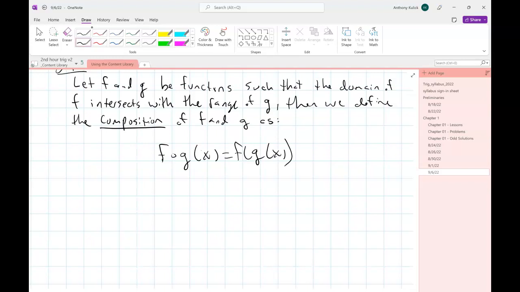So let f and g be functions such that the domain of f intersects with the range of g. Then we define the composition of f and g as f composed g of x is equal to f of g of x. So this new operation that we're learning about right now is called composition.